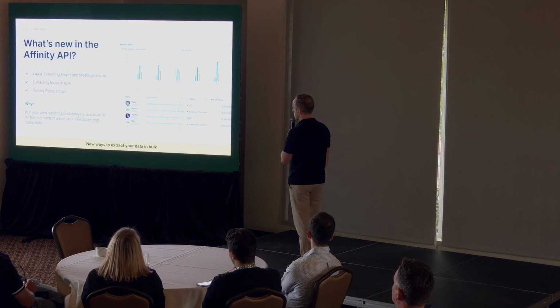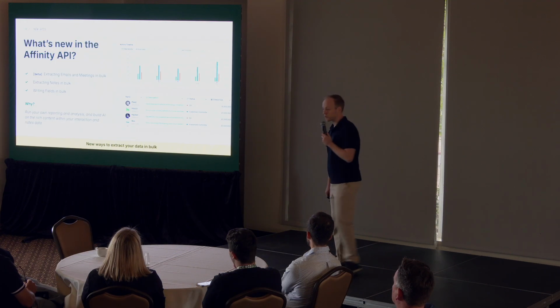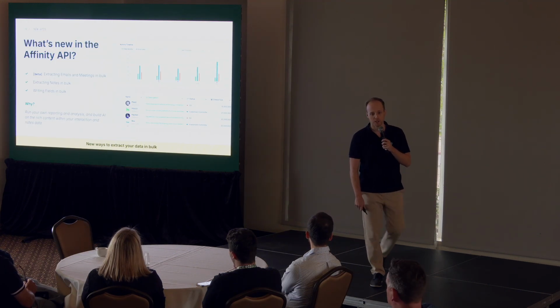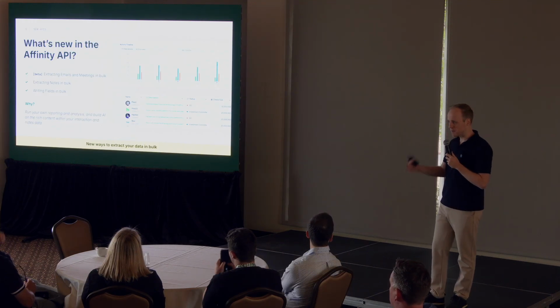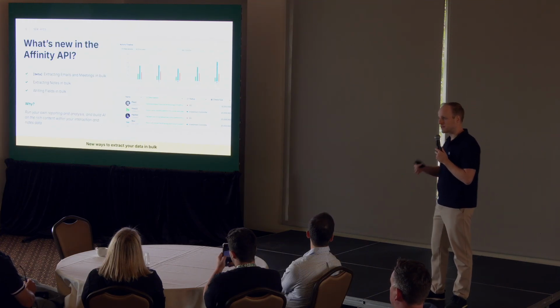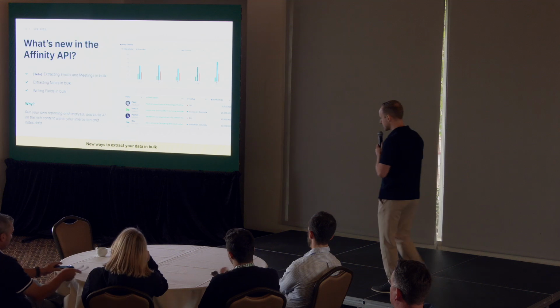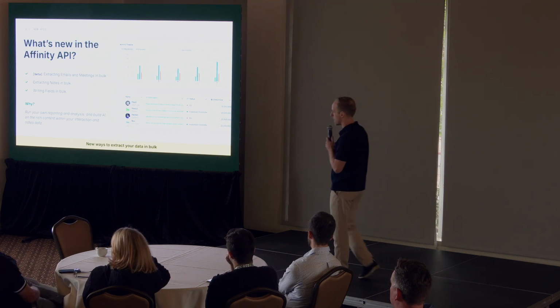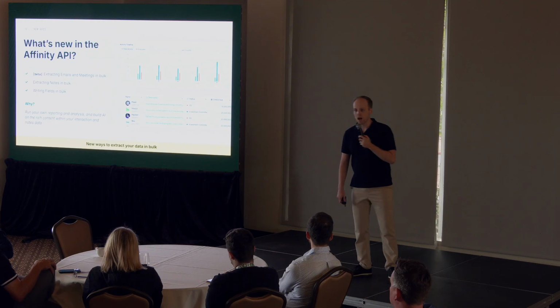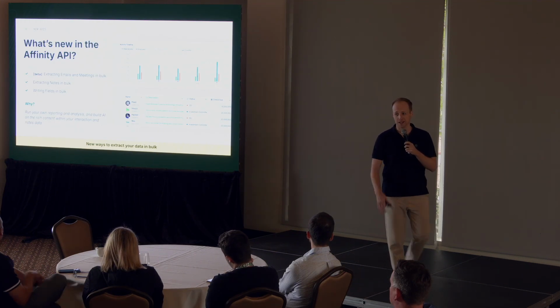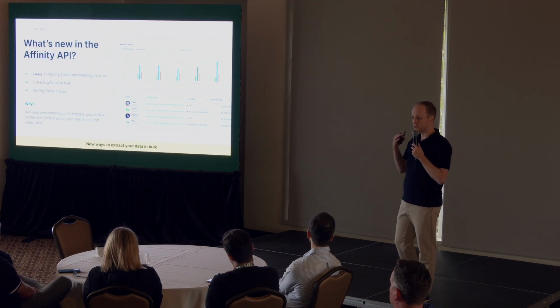Next up, we've been really focusing on making our interaction APIs much better in V2. When I say interactions, I mean all of the emails and meetings that are collected automatically by Affinity. We have in beta right now two new endpoints for emails and meetings. These are designed to extract your interaction data in bulk, meaning you can just hit the API and grab everything.